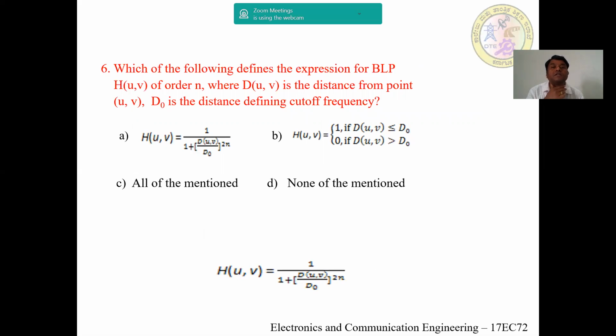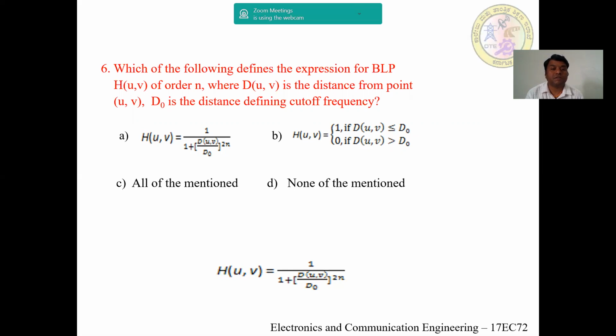Which of the following defines the expression for BLPF of order n, where D(u,v) is the distance from the point (u,v) and D0 is the distance defining the cutoff frequency? A. H(u,v) = 1 / (1 + [D(u,v)/D0]^(2n)). B. H(u,v) = 1 if D(u,v) is less than or equal to D0, 0 if D(u,v) is greater than D0.